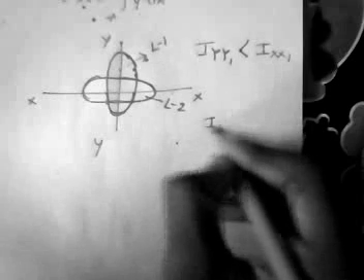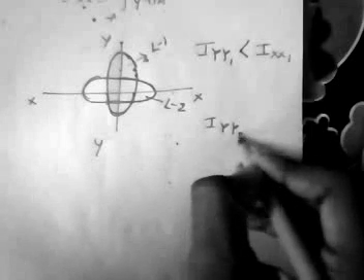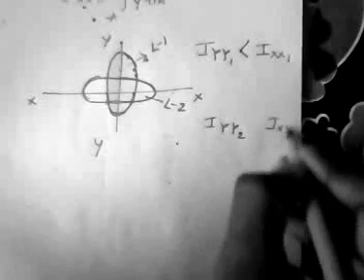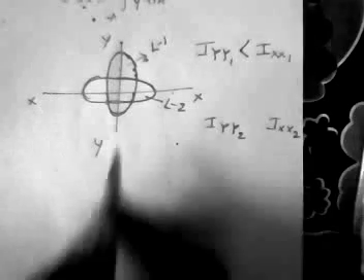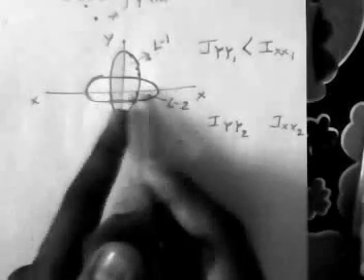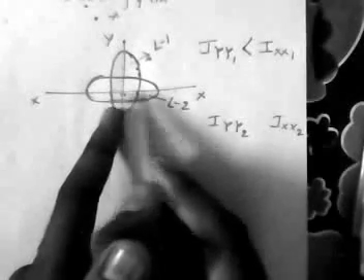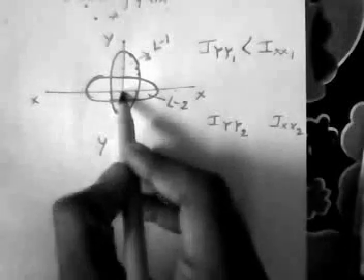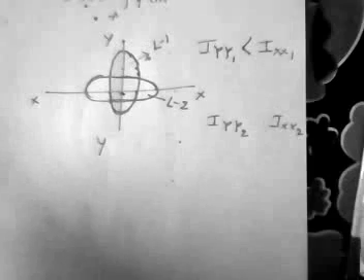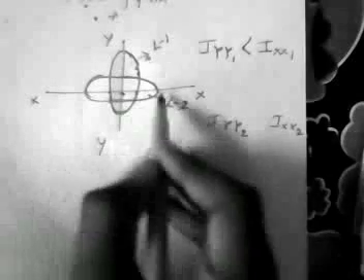The same applies for locus 2, with Ix2. Which one will have more moment of inertia? The more the area is distributed away from the axis, the more the moment of inertia.